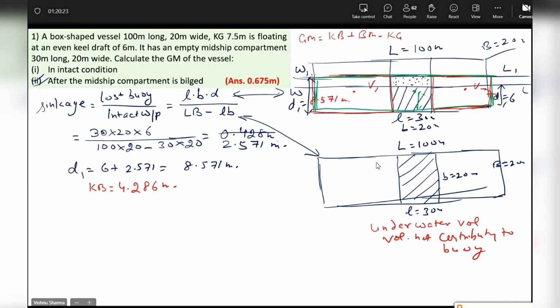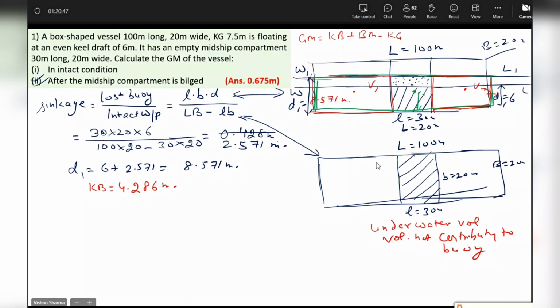So now, if I ask you, what is the vertical moment of underwater volume up to W1L1? What will you multiply with what? Vertical moment of underwater volume up to W1L1.